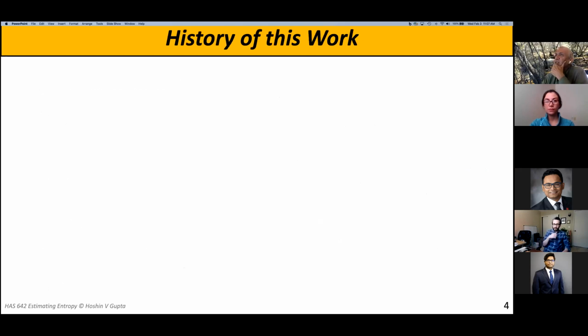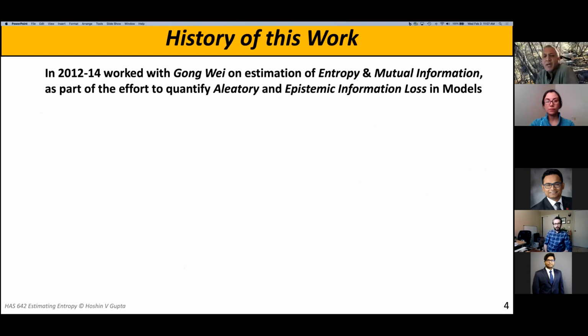Okay, the history of this is back in the early part of this decade. Gong Wei came as a PhD student to work with me at the U of A from China, and he introduced me to the whole information theory context, and we worked on estimating entropy and mutual information. And the point was to try to quantify aleatory and epistemic information loss in models.